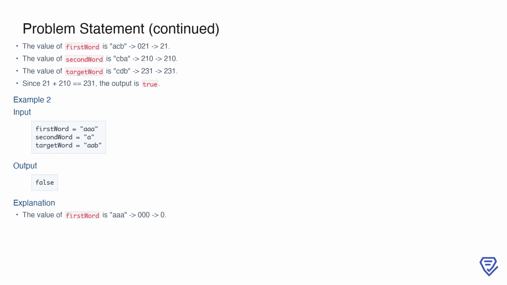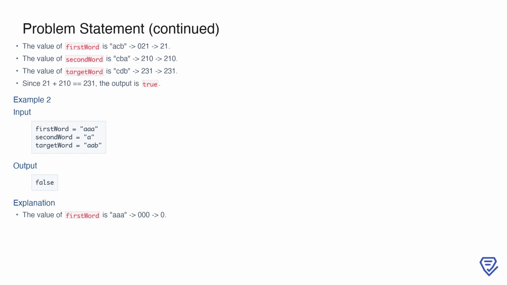This gives us the number 021, which is 21 in base 10. Similarly, second word, CBA, becomes 210 in base 10. Finally, target word, CDB, becomes 231 in base 10. Adding the values of first word and second word, we get 21 plus 210, which equals 231. Since this matches the value of target word, the output is true.